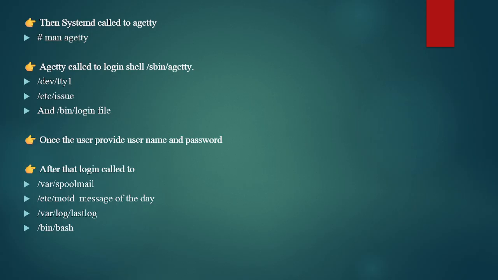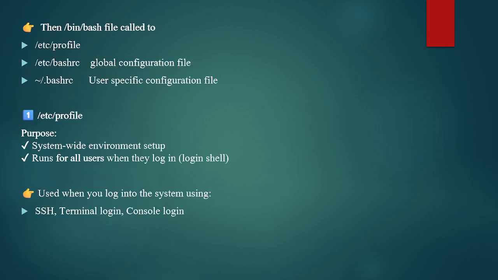Once the user provides the username and password, the login file calls /var/spool/mail, /etc/motd, /var/log/lastlog and the /bin/bash file. Then the /bin/bash file calls /etc/profile, /etc/bashrc and ~/.bashrc. Those three files are called by the bash file.